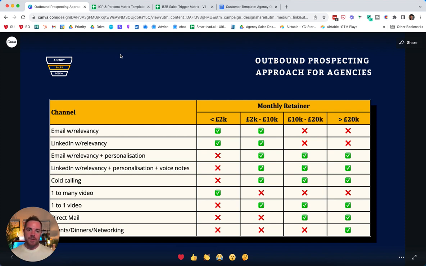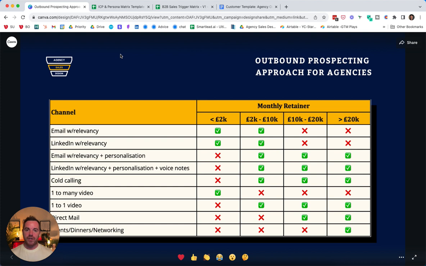So it doesn't mean that you can't prospect to companies with an average deal size of 20k and up, but you might want to consider implementing a network or event-based strategy where you're inviting people to the event. A previous customer of mine used to go when there was a huge event in San Francisco, Dreamforce, Salesforce's event.